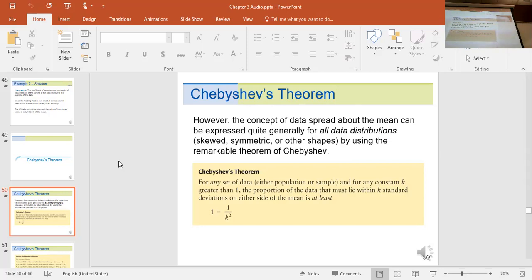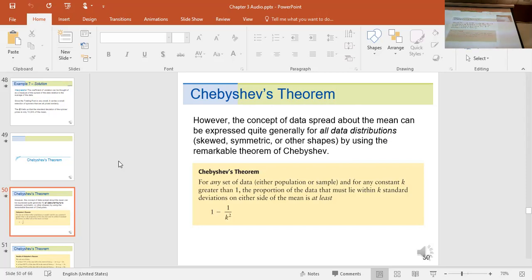These values are those that are one standard deviation away, either to the left or the right, or less than one standard deviation. When we say you are within 5 minutes from campus, it means you could be 1, 2, 3, up to 5. It's not exactly 5. So when we say we are within one standard deviation, it means we are in this range of values.